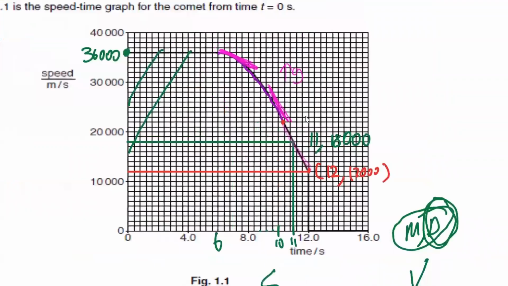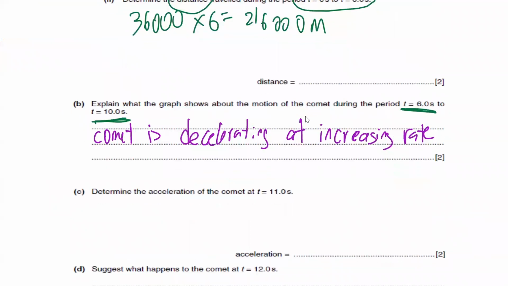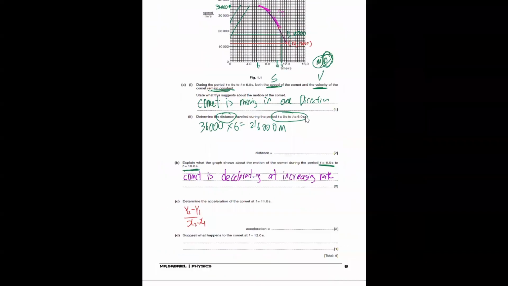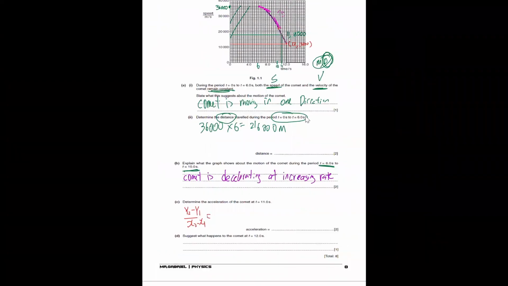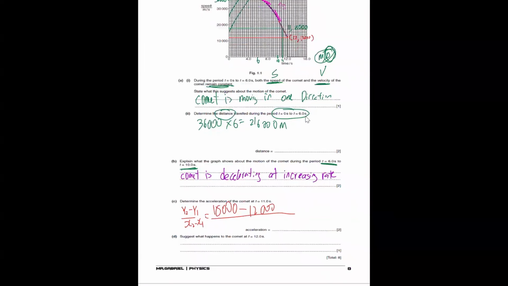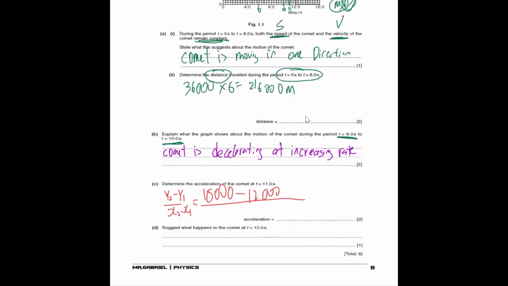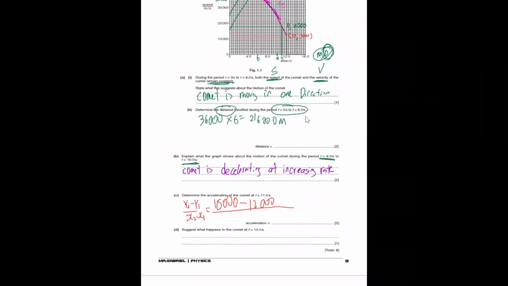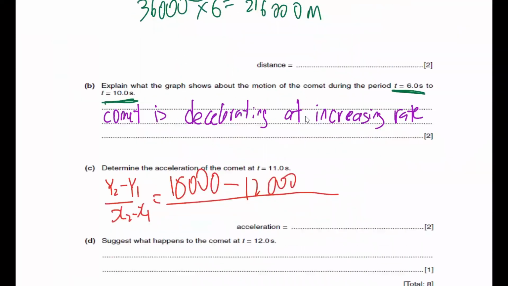And it's just y2 minus y1 over x2 minus x1, which in this case here will be 18,000 minus 12,000 over 11 minus 12, which will give me negative 6,000 straight away.